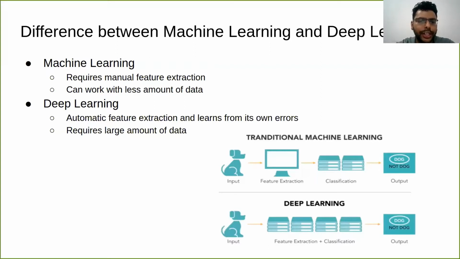Machine learning requires that we extract the features of that specific data set, and then using those features, the machine learning algorithms will try to learn the patterns within the data and form a predictive model at the end. So in machine learning we have to handpick the features before using them in the model.